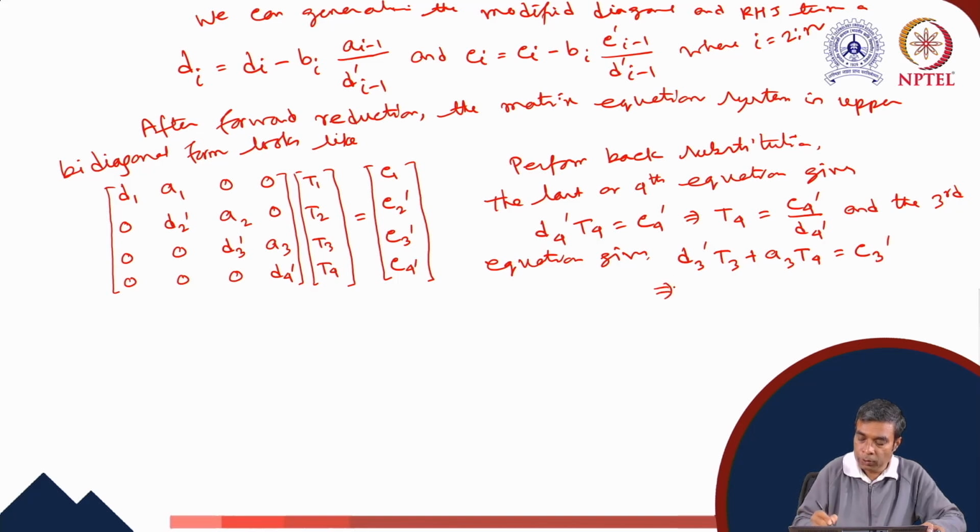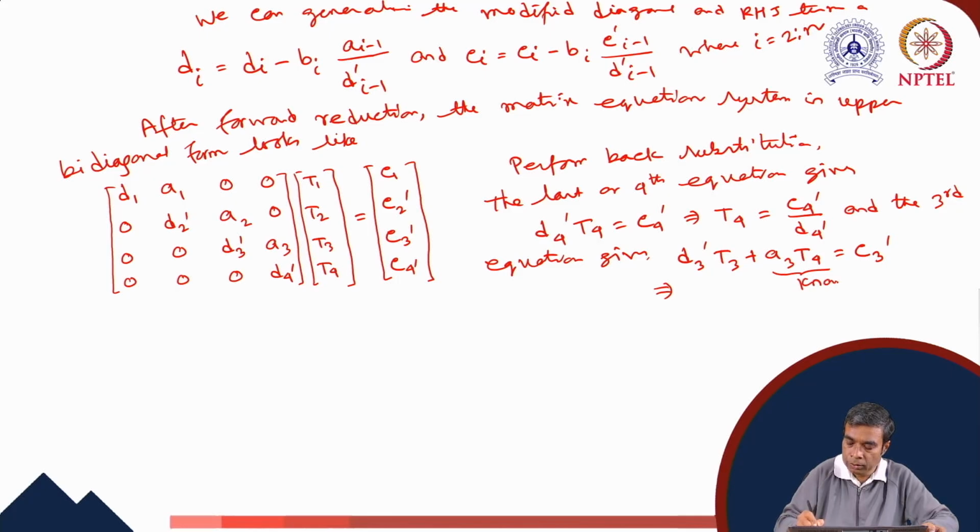We already know the value of t4 from the above step. So in this equation t3 is the unknown quantity. So this gives us t3 equals c3 dash minus a3 t4 divided by d3 dash.